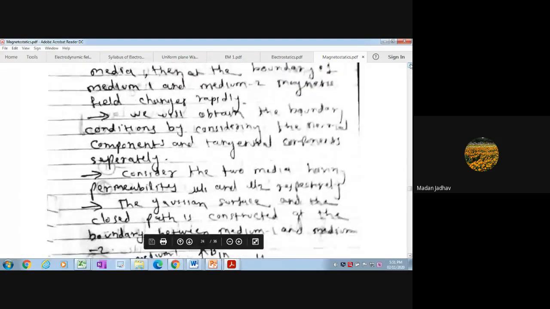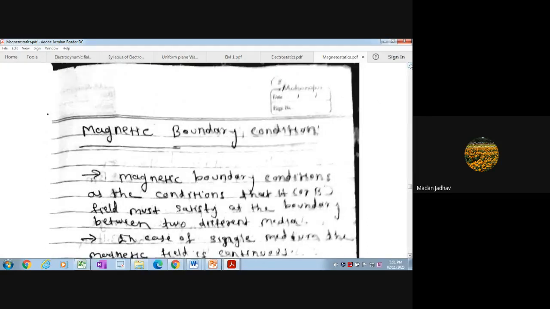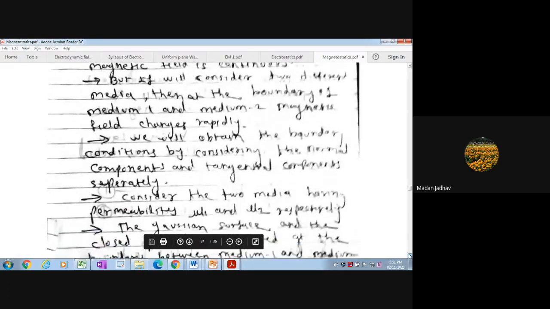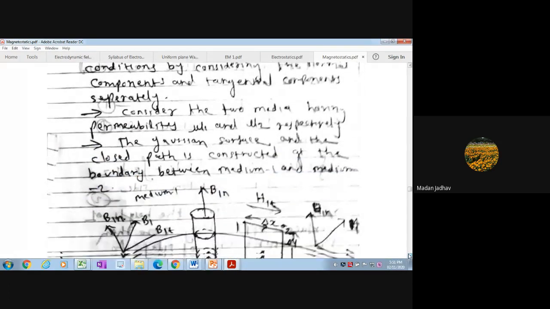Now here we can see the magnetic boundary conditions. We'll see the equations and understand the meaning of these particular equations. First of all, we will see the equation for the normal component.